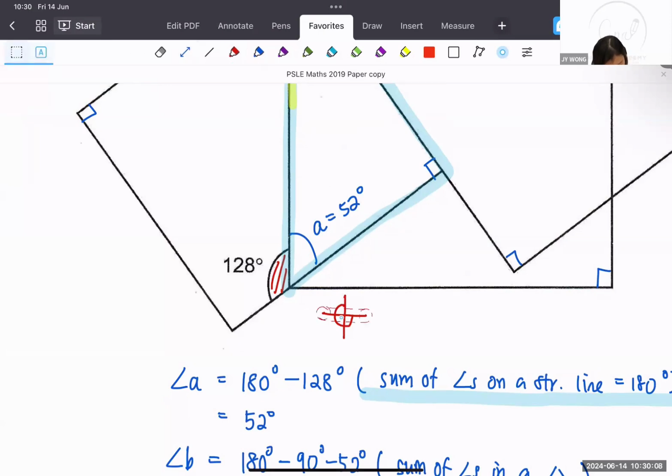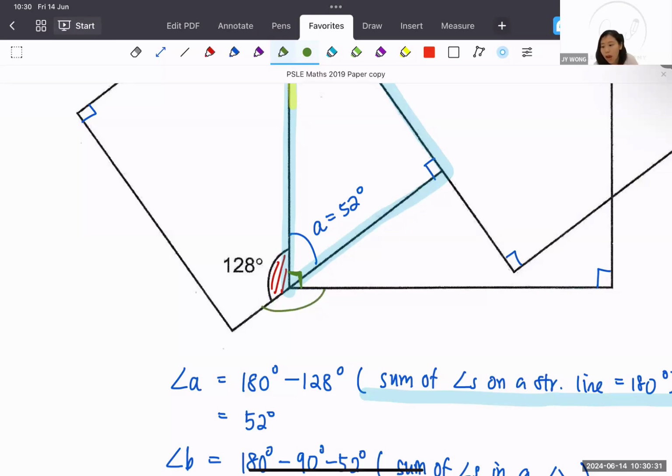So where did the 3 right angles come from? So you have to see that this is your right angle, and then the rest of it is 270. So if you take 270 minus 128, you are getting this angle.